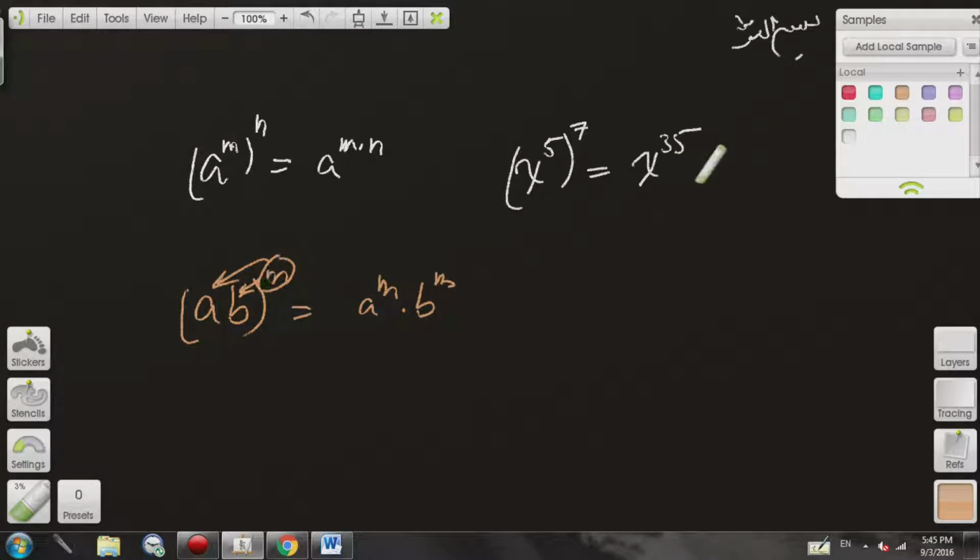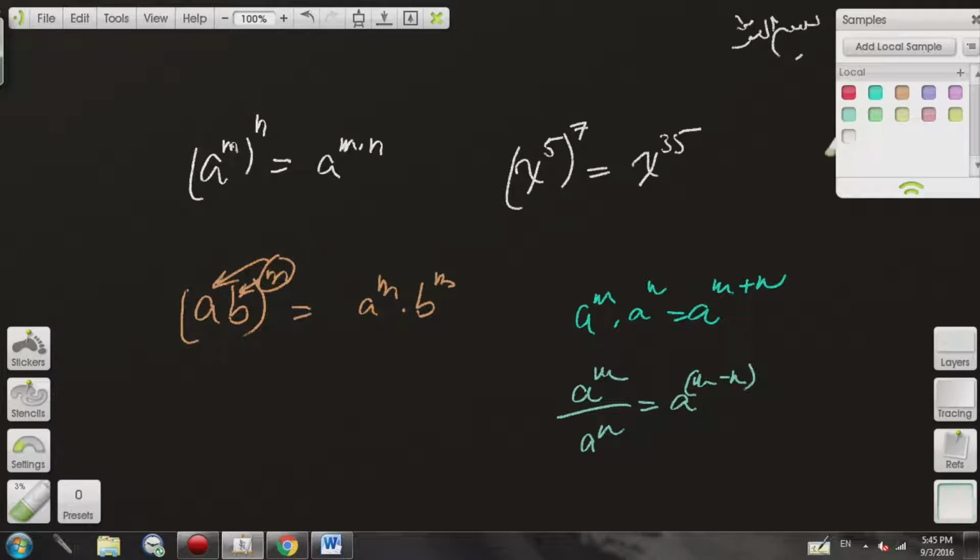The other properties of exponents are, of course, a to the m times a to the n is a to the m plus n, correct? And a to the m over a to the n is a to the m minus n, right?